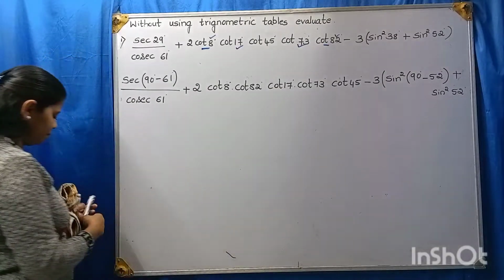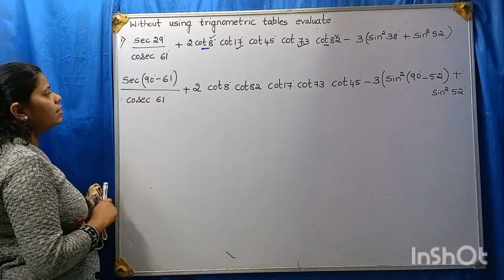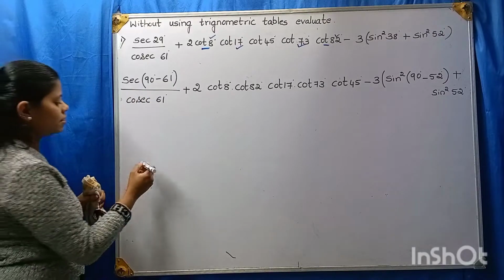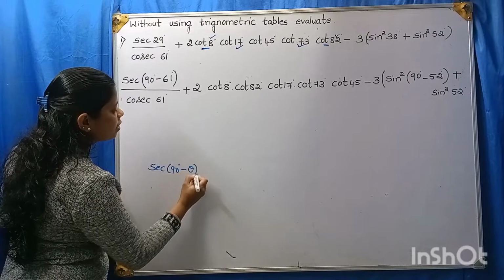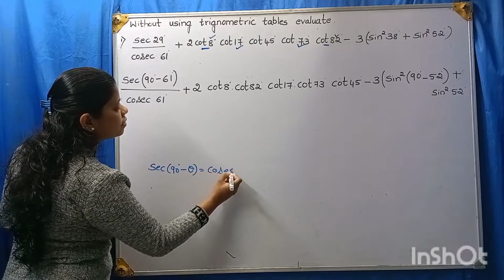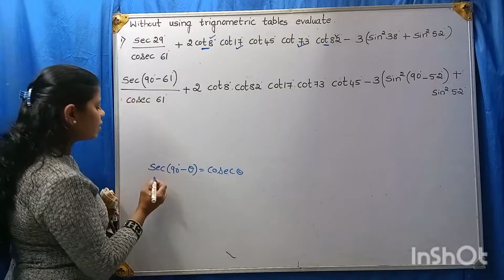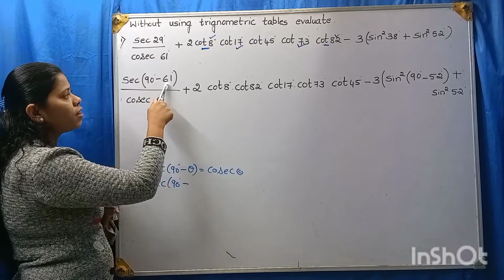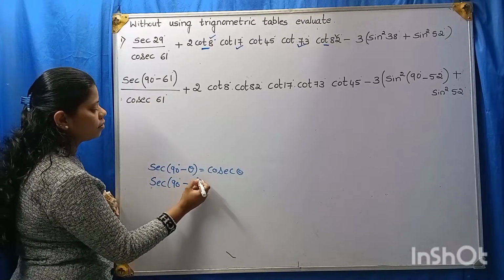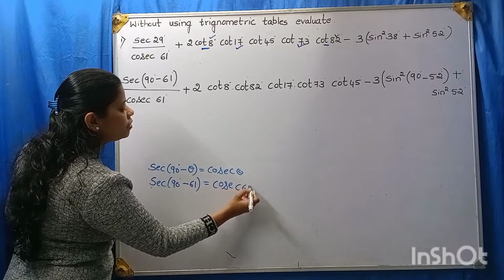Now, secant 90 degree minus theta is what? Cosecant theta. We know that secant 90 degree minus theta is cosecant theta. Therefore, here secant 90 degree, in the place of theta we have 61, so I can write it as cosecant 61 degree.